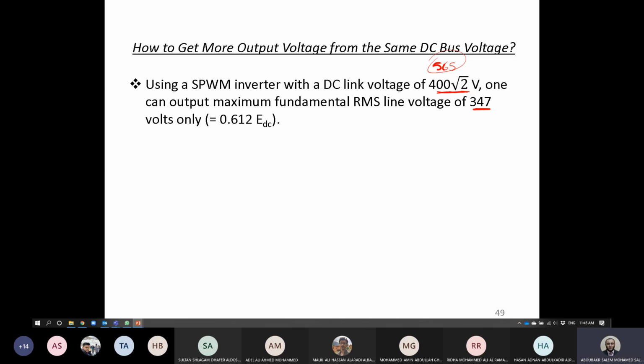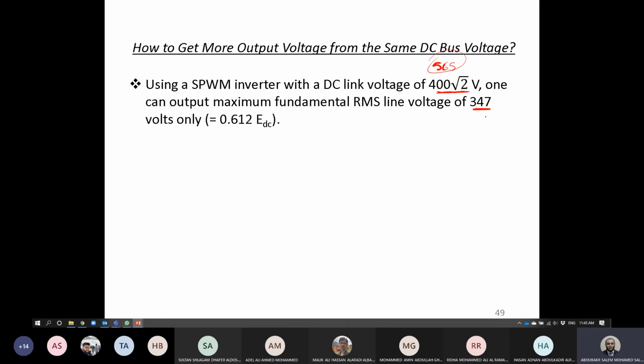In this case, sinusoidal pulse width modulation is not sufficient because you can only obtain an output voltage, guys, of 0.612 of EDC. And when you multiply 0.612 by 565, you get the voltage of 347. So we have a problem now. We cannot get the required voltage if we apply the sinusoidal pulse width modulation.